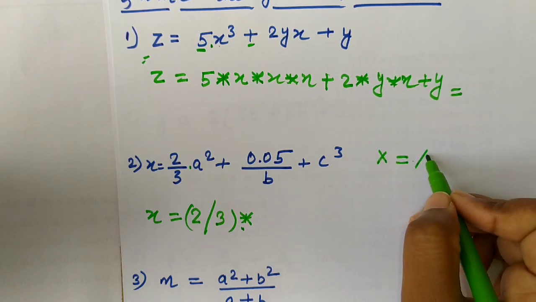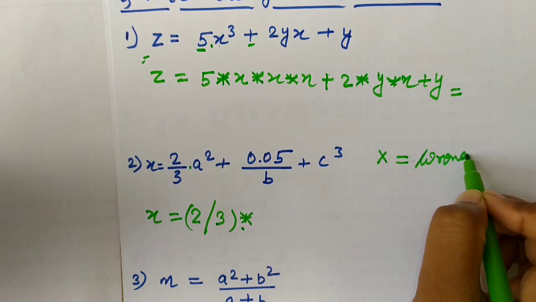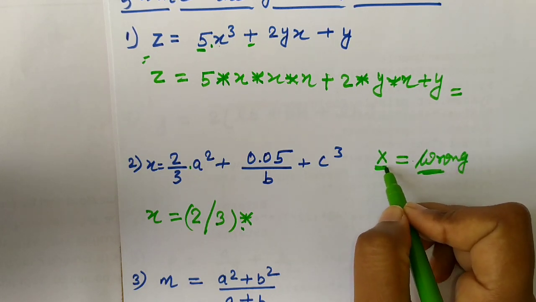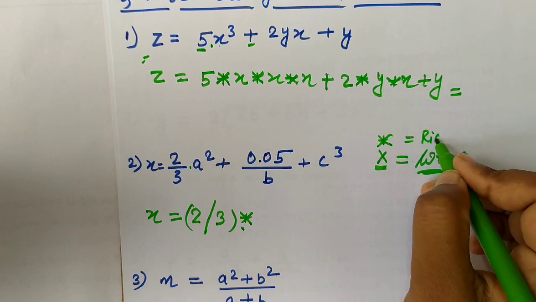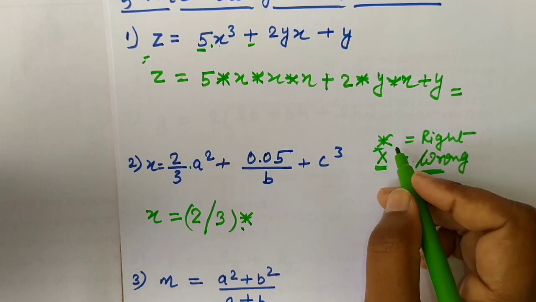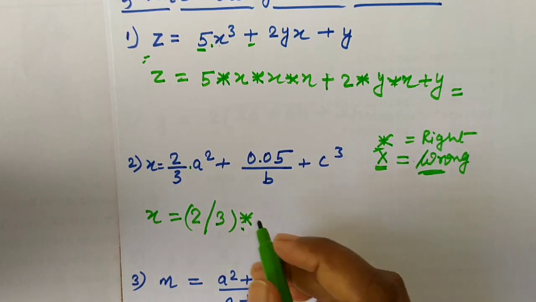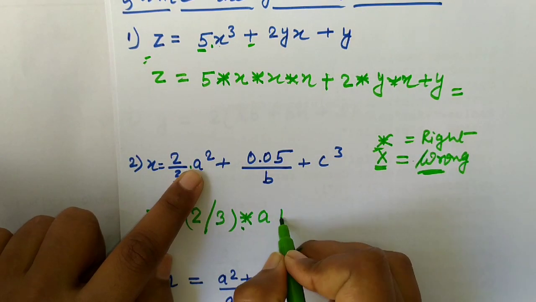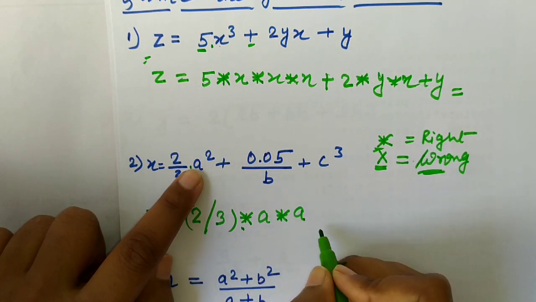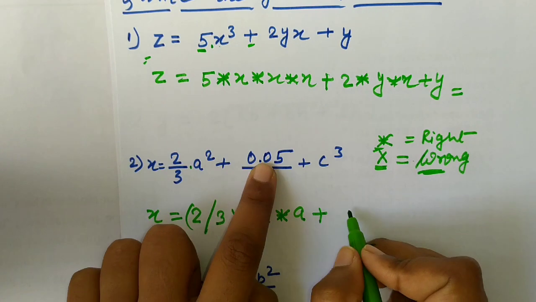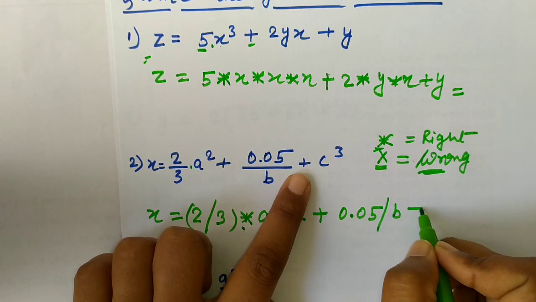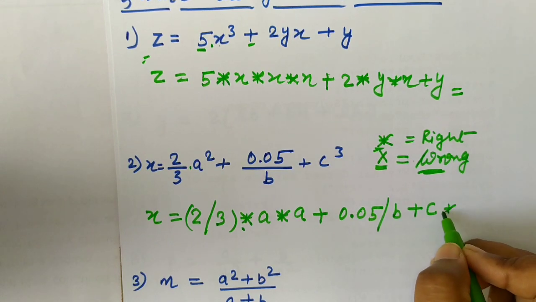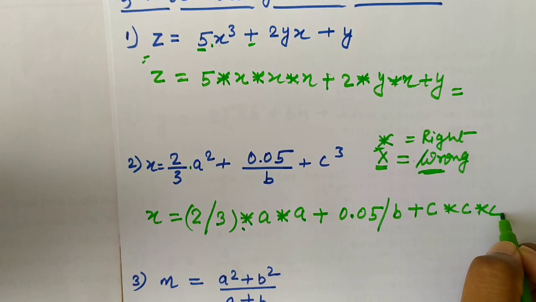That is wrong in the Java programming language. We use the asterisk sign. This is right. This is the right sign for multiplication. a square means a * a, plus 0.05, divide (b + c cube), where c cube means c * c * c.